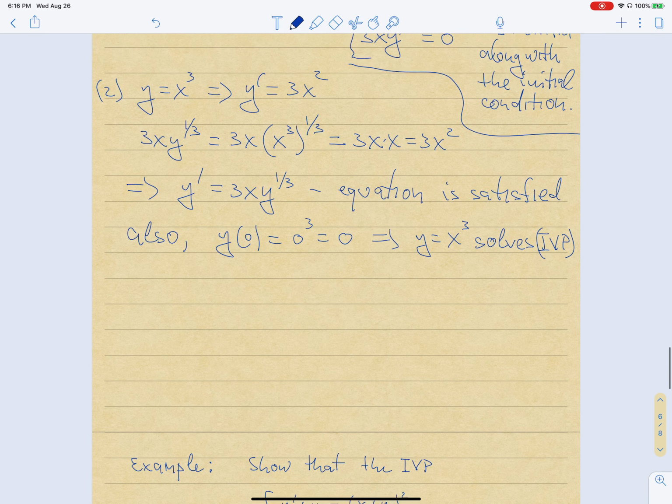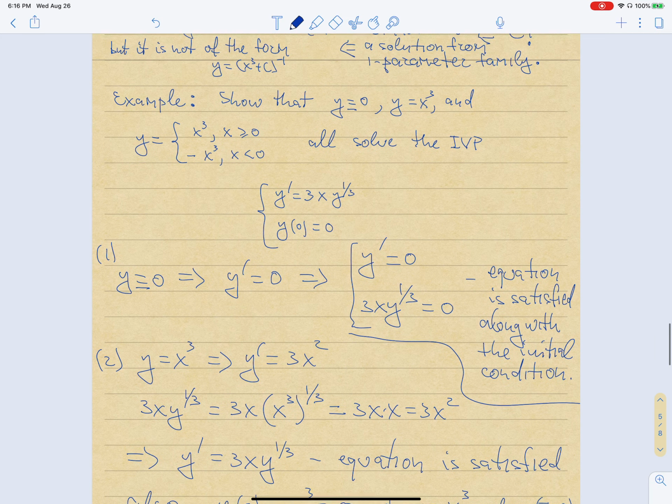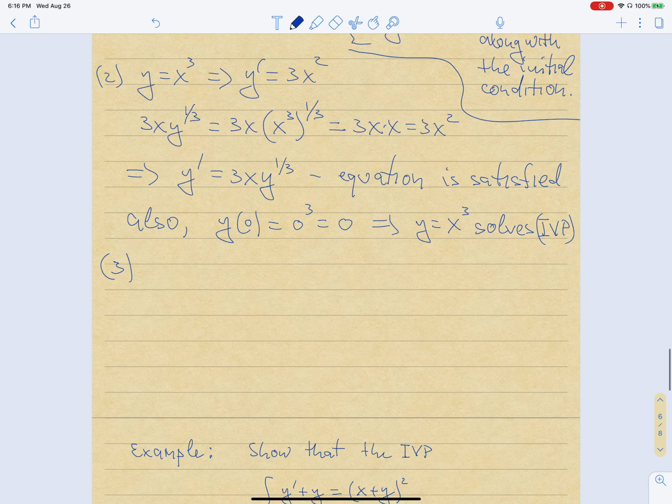And finally, let's look at item number 3. Let's see the following. What if I have y equal to minus x cubed? If I take y equal to minus x cubed, then certainly the derivative of that is going to be minus 3x squared.